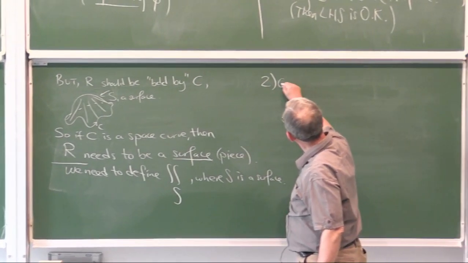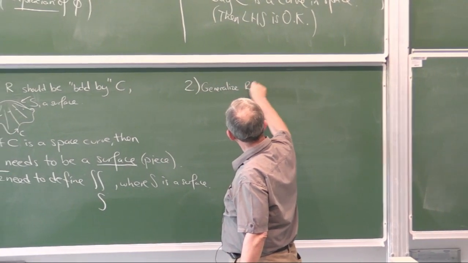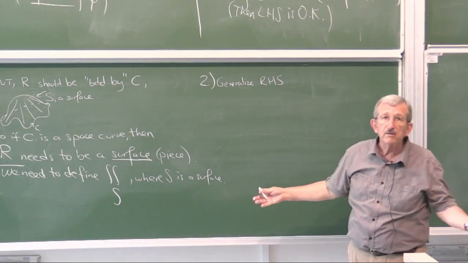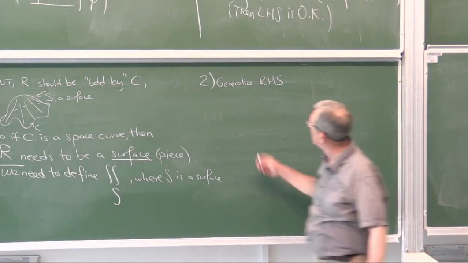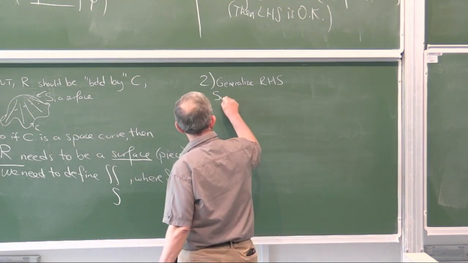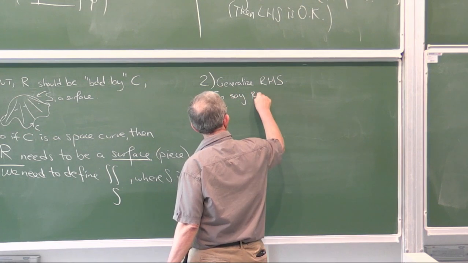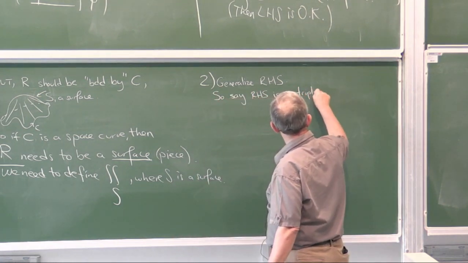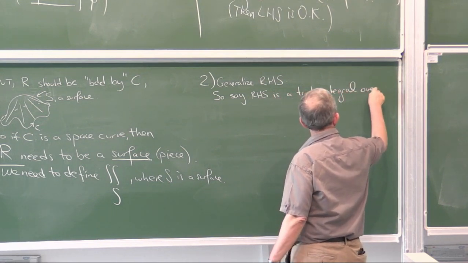This time, generalize the right-hand side. The right-hand side is a double integral. If you generalize it, it becomes a triple integral, over some T.